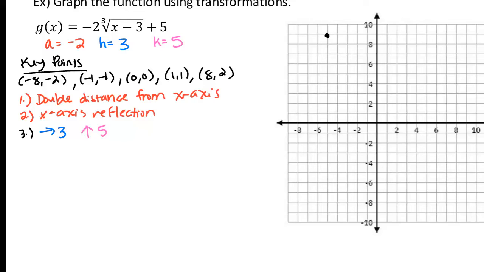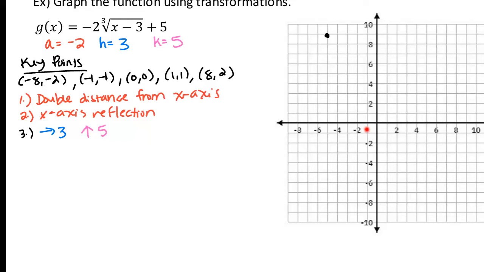Double check, did you end up at the same spot? (-5, 9)? Okay. All right, my next one is (-1, -1), which is right here. What's the distance from the x-axis? How many units? 1.